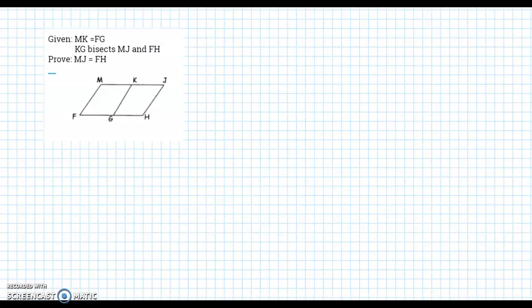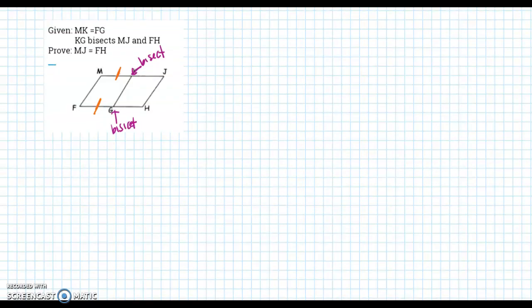Let's look at this one. I've got MK is equal to FG. And then I know that KG bisects MJ and FH. So MJ is bisected. So these bigger segments are cut in half. And we know that these little parts are equal.